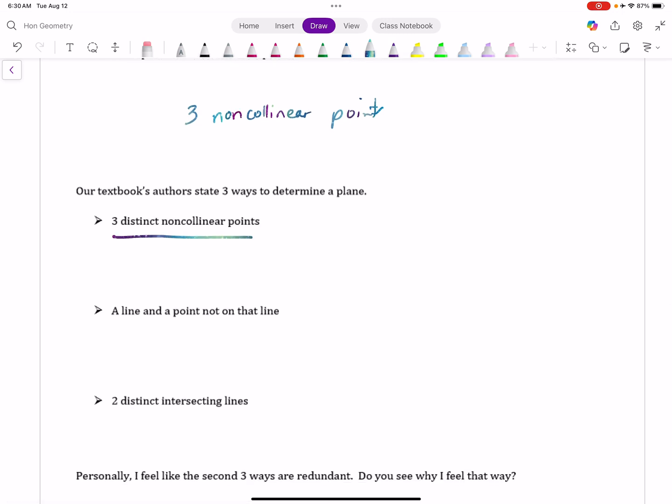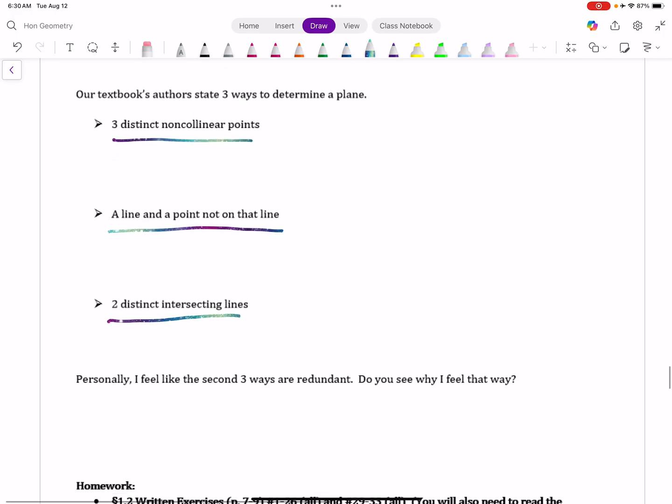Okay, so our textbook authors state 3 ways to determine a plane. 3 distinct non-collinear points, a line and a point not on the line, 2 distinct intersecting lines. Personally, I feel like the last 2 ways are redundant. Do you see why I feel that way? 3 distinct non-collinear points determine your plane.